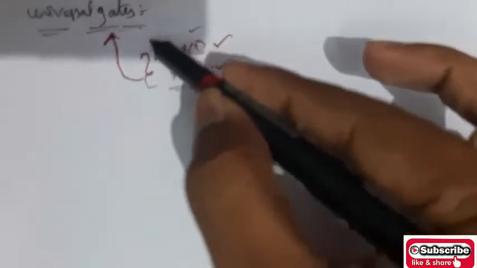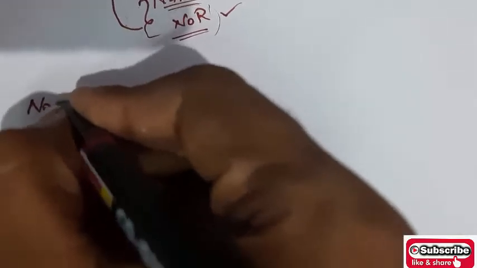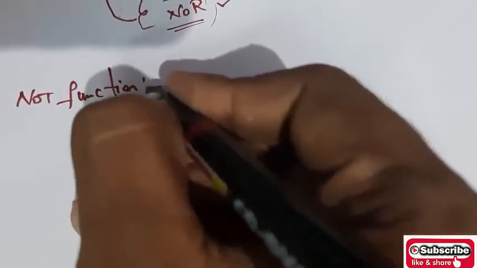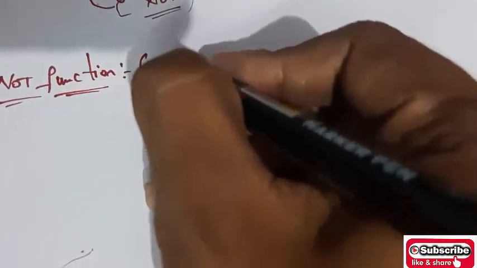Let's see how, by using the NAND gate, we can implement the different types of functions. First we can implement the NOT function. NOT function means inverter.